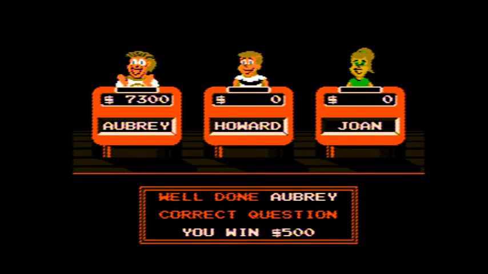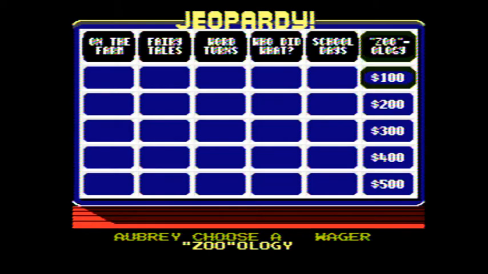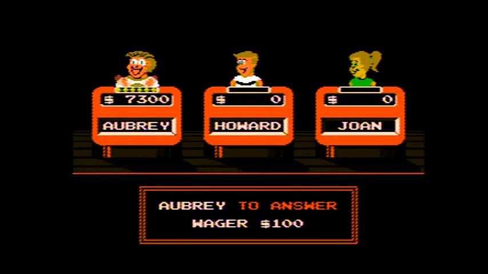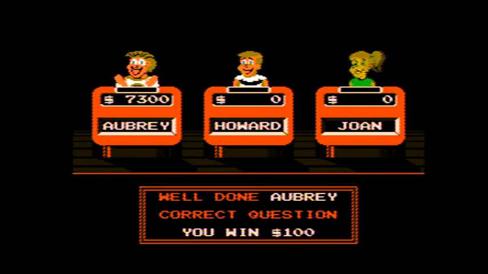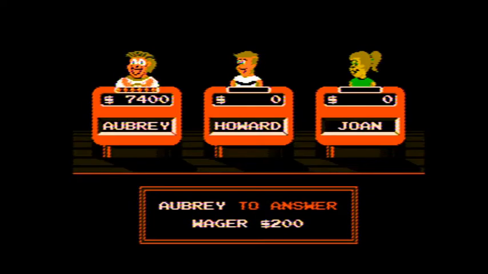Zoology 100. Tallest animal in the zoo. What's a giraffe? $200. These huge black and white bears are found in China.